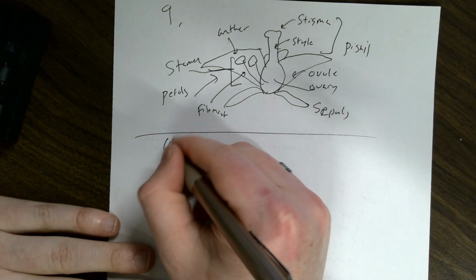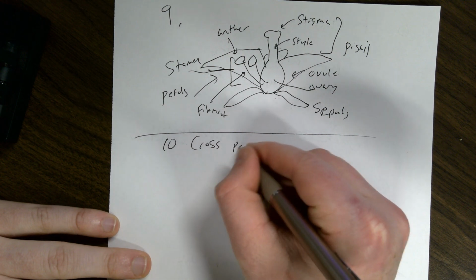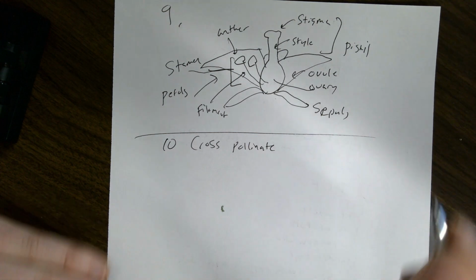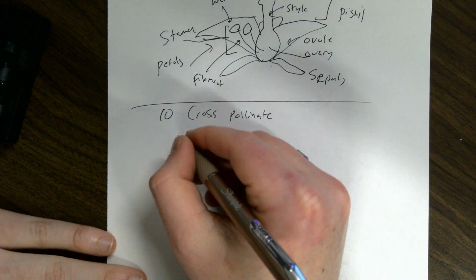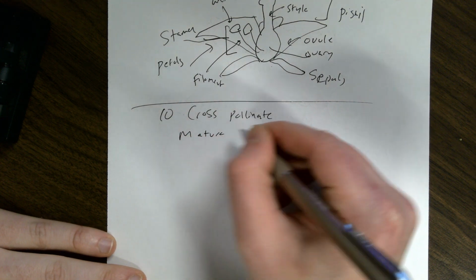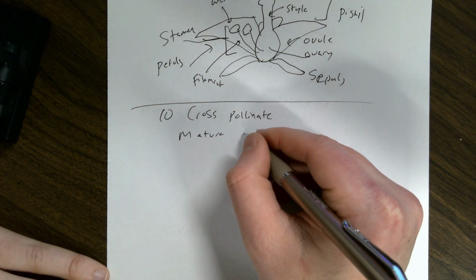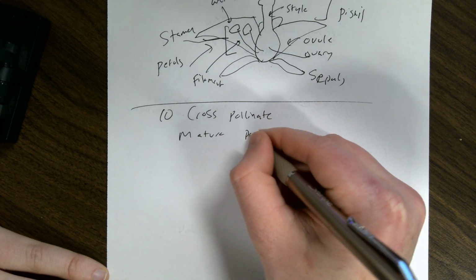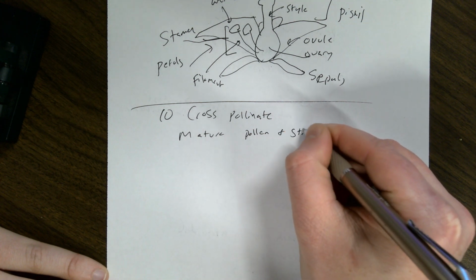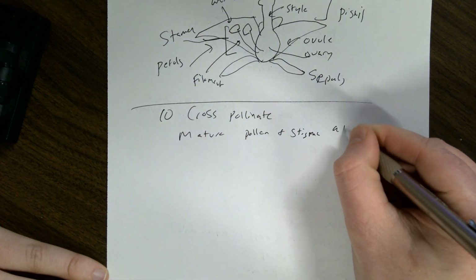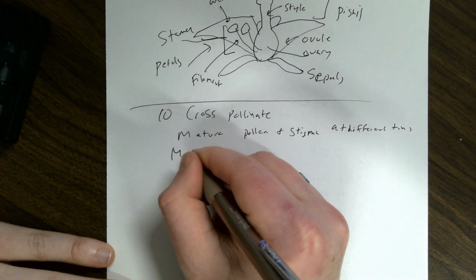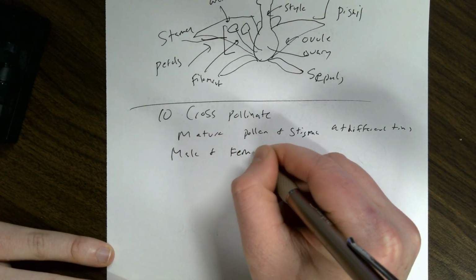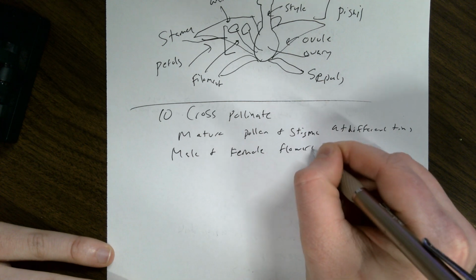Okay, cross-pollination. So plants want to cross-pollinate for the most part because that increases genetic diversity. You can do things like mature the parts, mature pollen and stigma at different times. You can have separate male and female flowers to lower the odds of self-pollination.